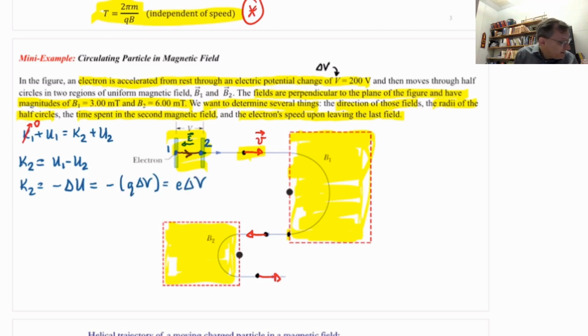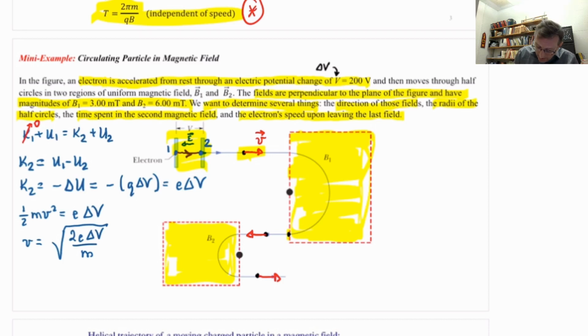K2 is little e times delta V, or just V. Then of course K is 1/2 m v squared, so we have that. So I solve for v. I get square root of 2e delta V over m. Nice little formula for figuring out how fast the electron's going when it leaves that little parallel plate capacitor, whose sole purpose in this setup is to accelerate the electron up to this speed v.